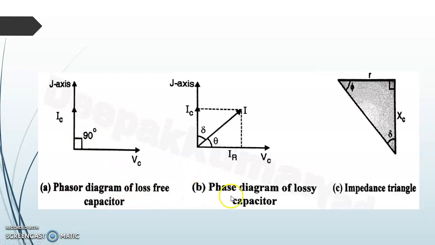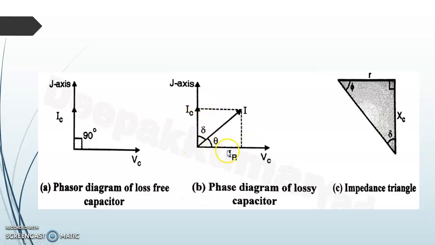But in the actual case, that is in a lossy capacitor, the lead angle is reduced by some angle del. This angle del is known as the loss angle. The current leads the voltage by less than 90 degrees, that is theta. So theta is equal to 90 minus del.